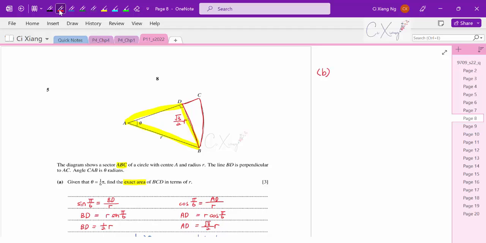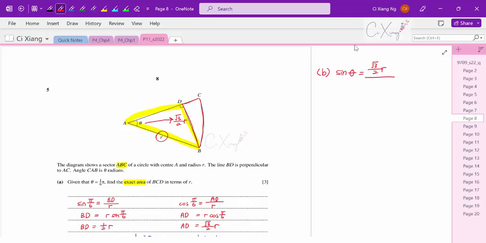To get the data, I have that BD is the opposite length from theta. Therefore, sine theta can be written as square root 3 over 2 R divided by the hypotenuse.